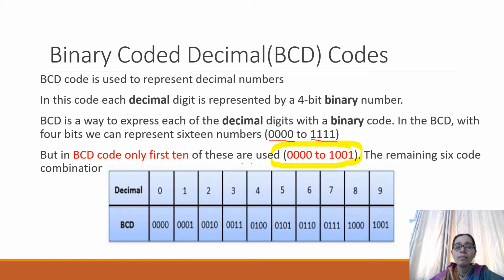You can note this very important point. So BCD numbers are valid from 0 to 9 and the remaining 6 codes are invalid, that is from 10 to 15, that is 1111.